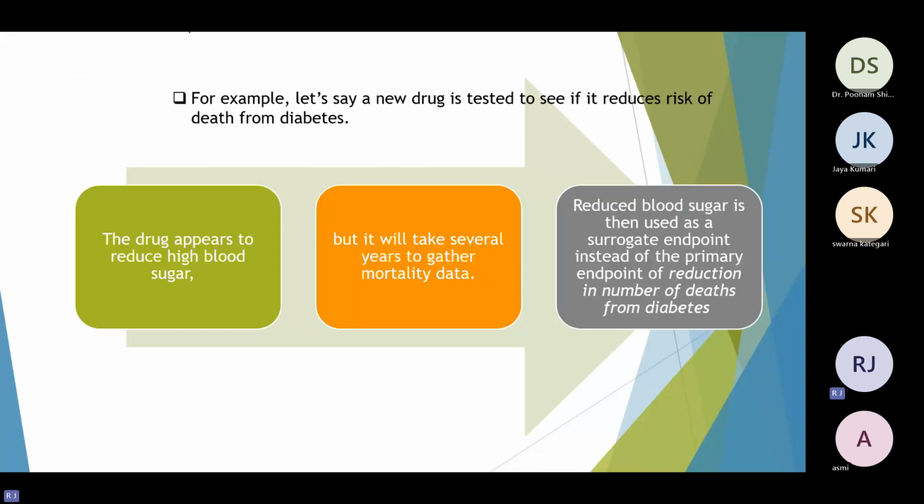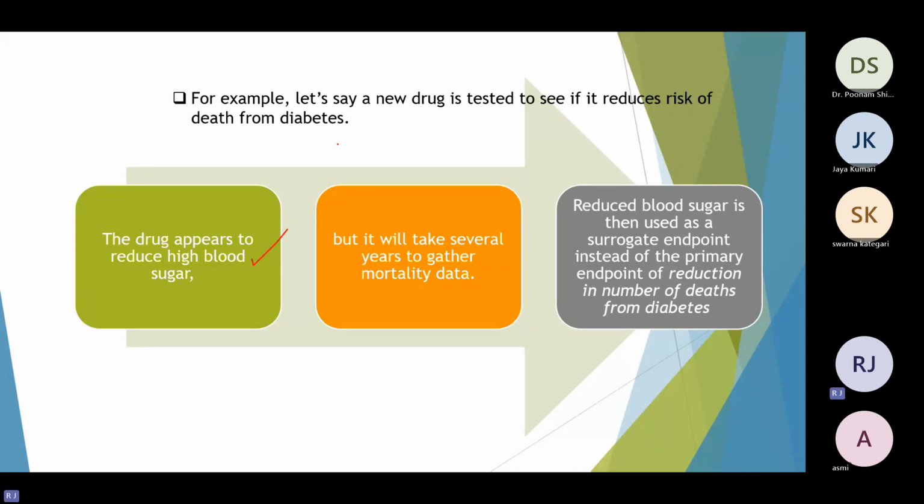Let's see with the help of one example. For example, we are developing a drug which is used to reduce high blood sugar. And we are checking whether our drug is going to decrease the mortality in subjects with high blood sugar or not.